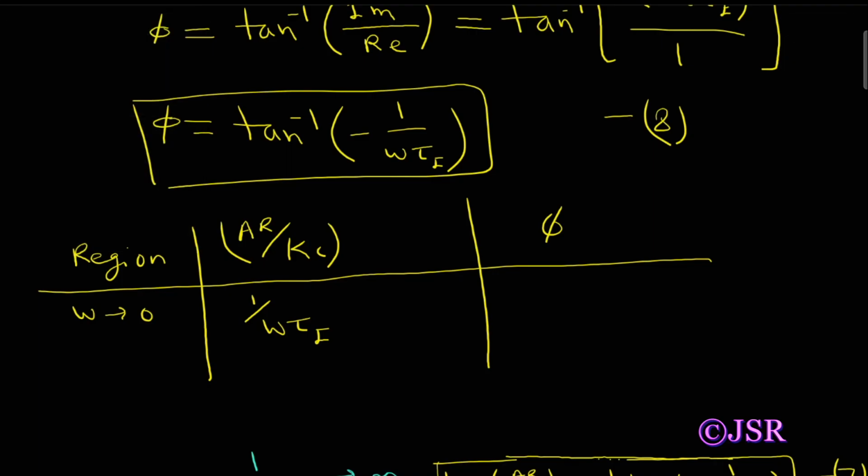So when omega tau I equal to 1, when omega equal to corner frequency, in that case AR by Kc will be equal to 0.707.